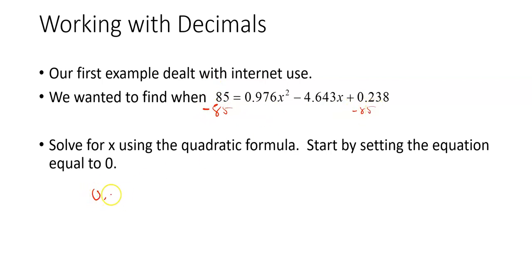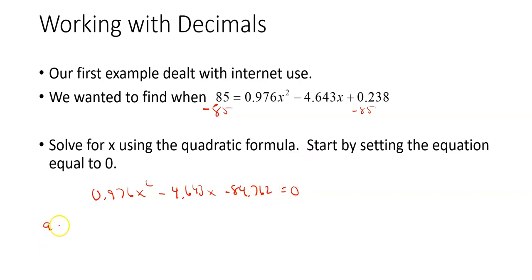So I get 0.976x squared minus 4.643x. And then if I do 0.238 minus 85, I get minus 84.762 equals 0.